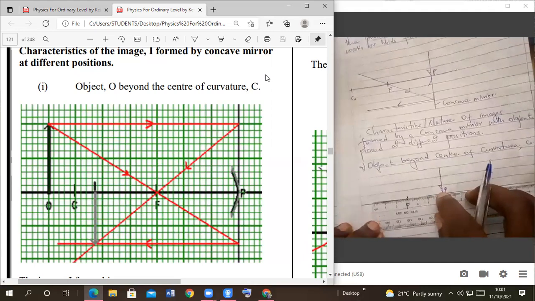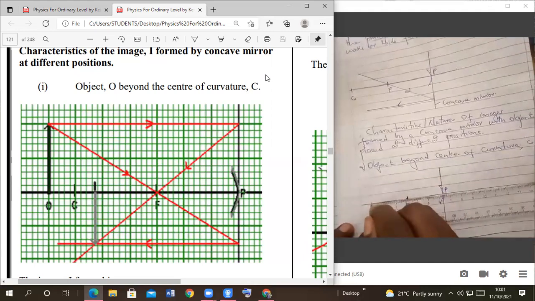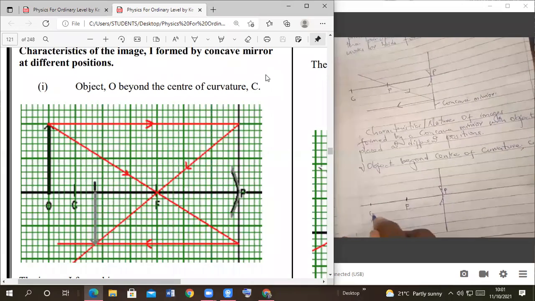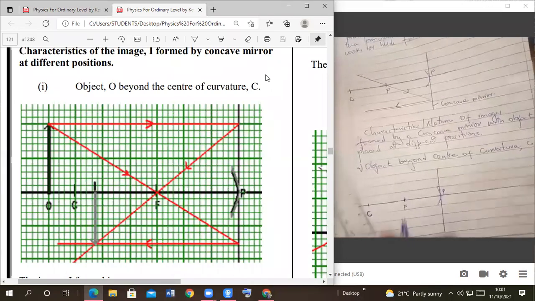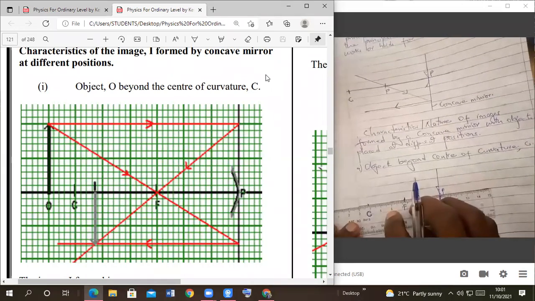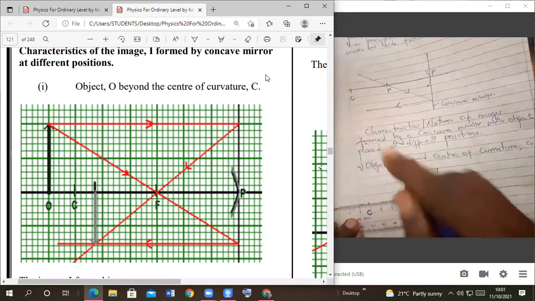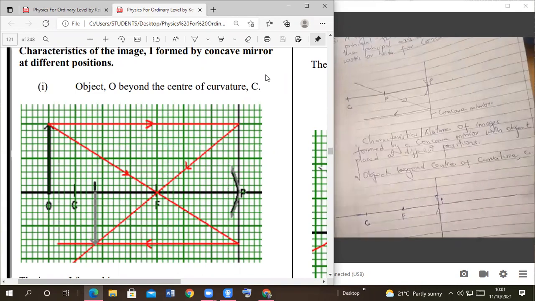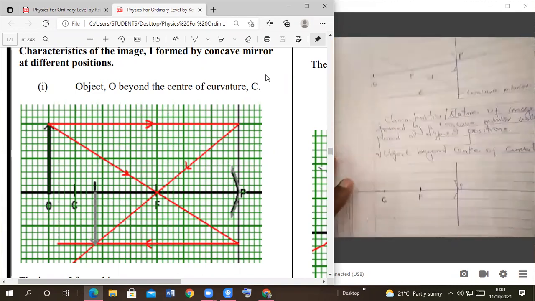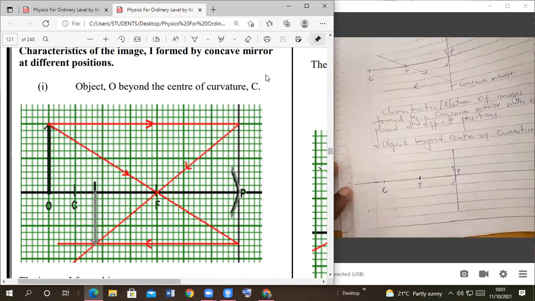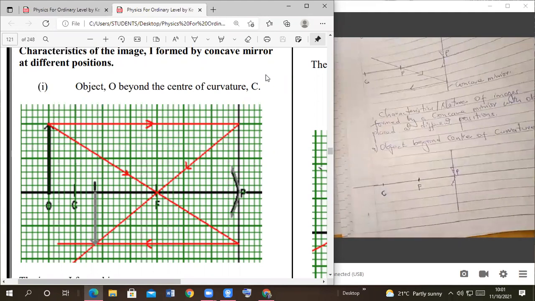Then center of curvature will be here, 3. This is our center of curvature. So these distances must be equal. That's why we say the radius of curvature is twice the focal length, and the focal length is a half the radius of curvature.